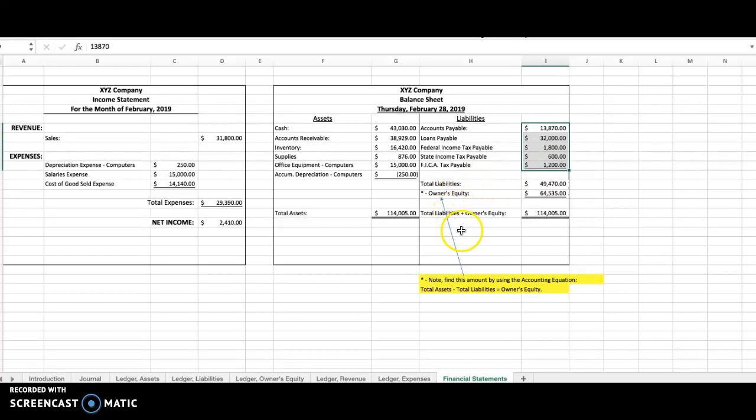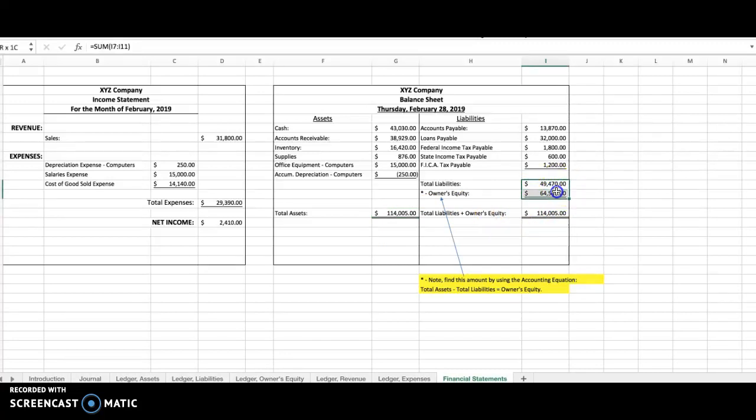The only glitch to the whole thing was owner's equity. And you had this note in your last problem in topic 8, that you find the owner's equity by subtracting the total of all those liabilities from the total of all the assets, and that gives you the owner's equity.